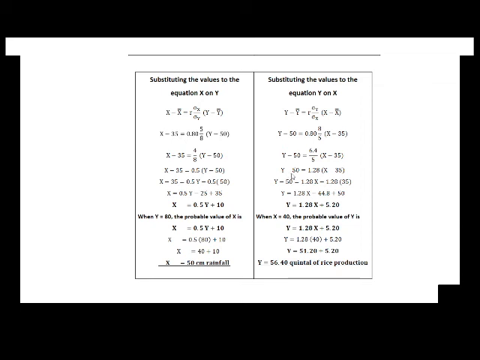Y minus 50 is equal to 1.28, that means 6.4 divided by 5 is 1.28, times x minus 35. Y minus 50 is equal to 1.28x minus 1.28 into 35. Y is equal to 1.28x minus 44.8, that means 1.28 into 35 is 44.8.